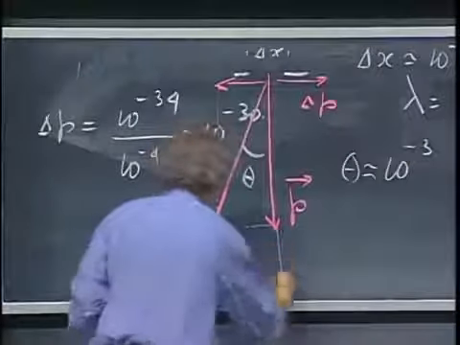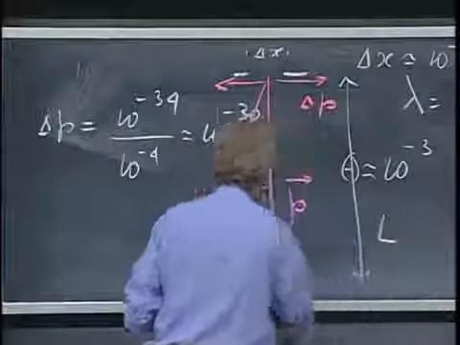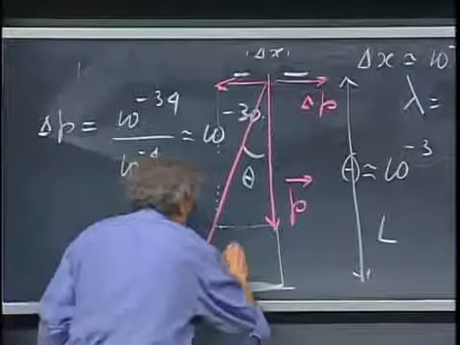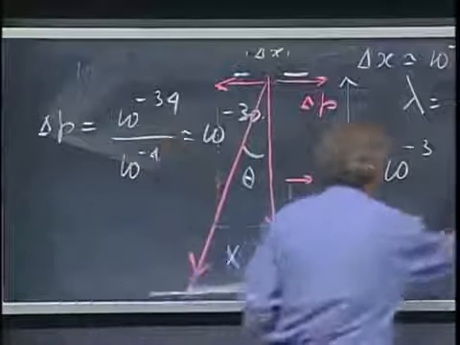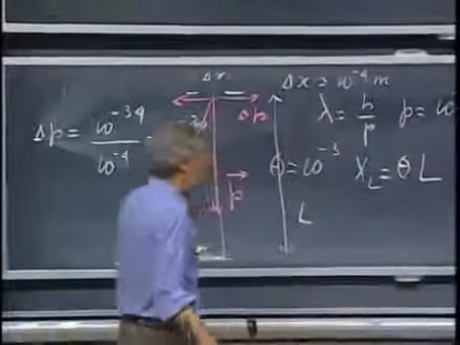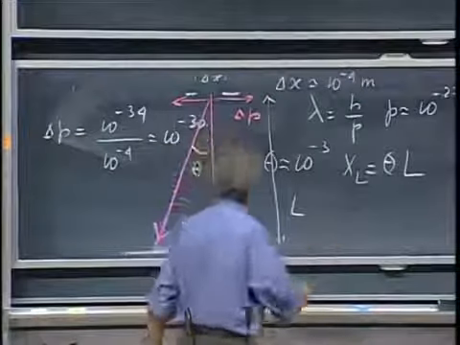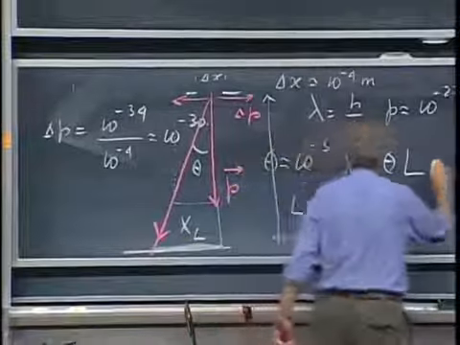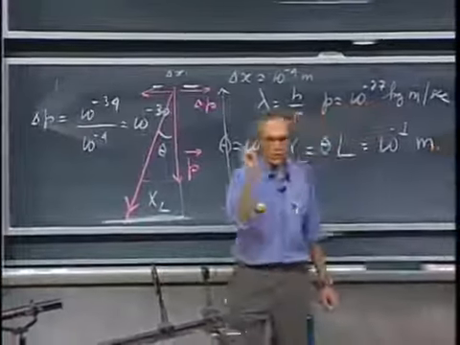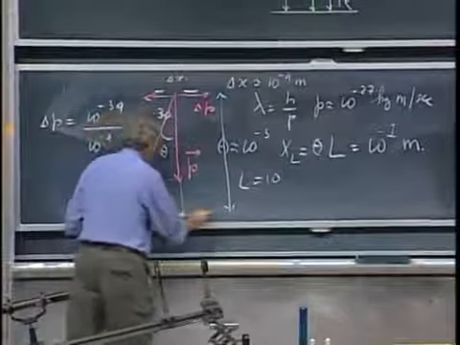If at a distance L you have a screen, then the spot on this screen, x at location L, is obviously theta times L. If theta is 10 to the minus 3, and let's assume this is about 10 meters away from us, so L is about 10 meters, then you get 10 to the minus 2 meters. That is 1 centimeter. 1 centimeter in this direction and 1 centimeter in that direction.